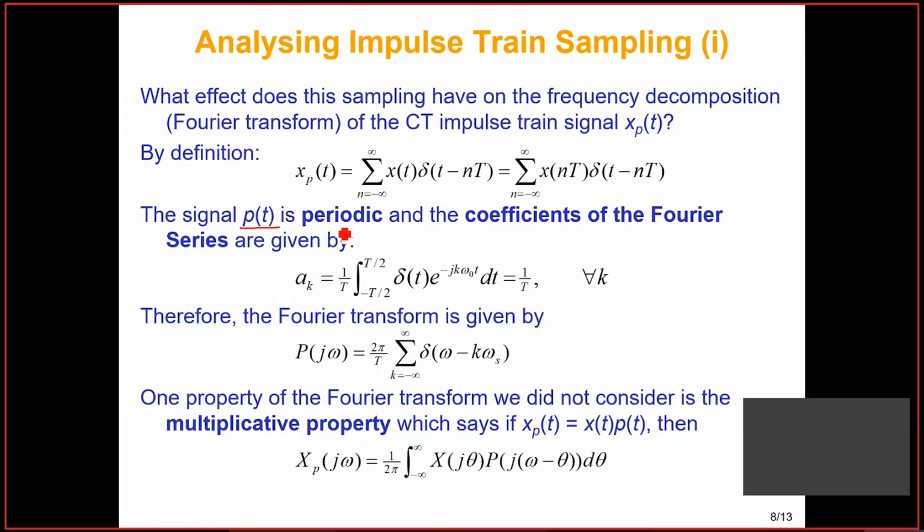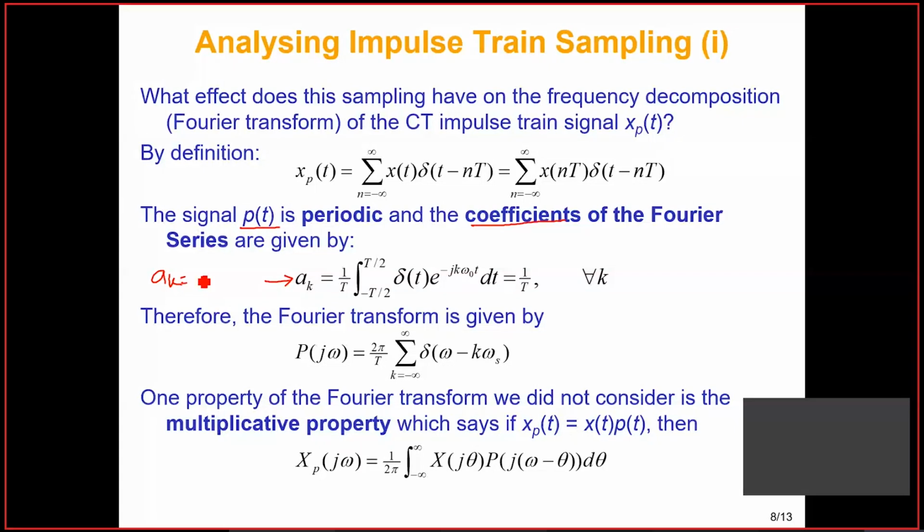So for a periodic signal, we need to find the coefficients of the Fourier series. This is the formula that we use, and just to write that formula here, it is 1 over T times the integral over a single time period of your function, which in our case is p of t, e raised to the power of minus j k omega naught t dt.